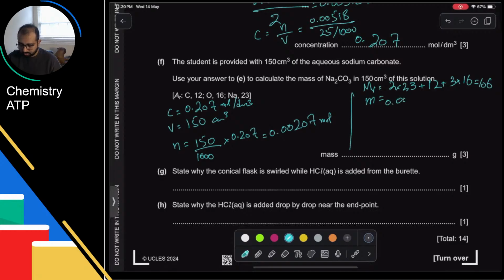So 0.00207 times 106, which will give me the mass, 0.219 grams. It's very difficult to exactly get 0.219 grams, but it's okay. We can still find what the answer is going to be. It's very difficult to measure it in that detail, but again, what does it matter?